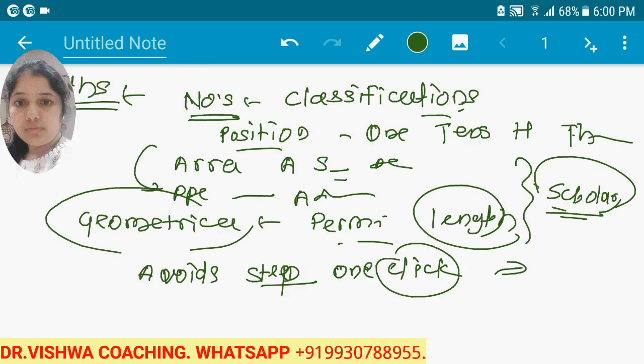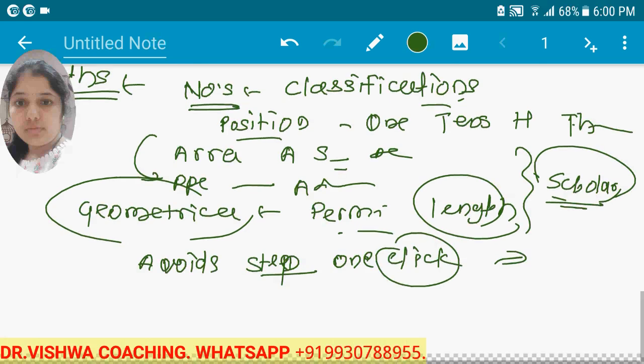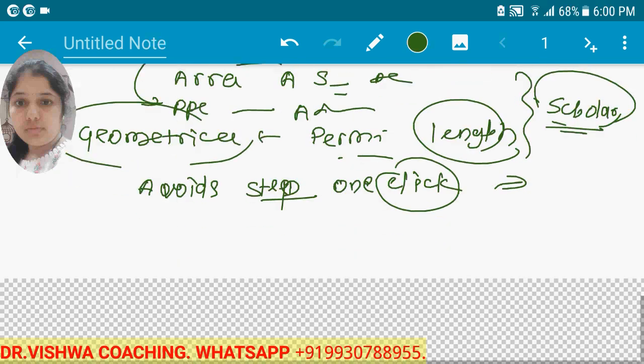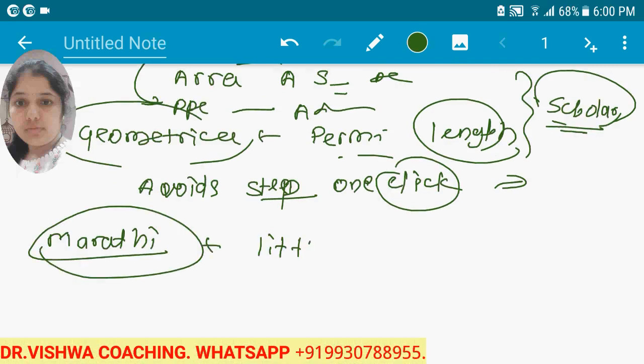Now moving ahead to our third subject, which is Marathi. Now Marathi is a little bit difficult for our kids, because though we speak in Marathi, they cannot read Marathi.